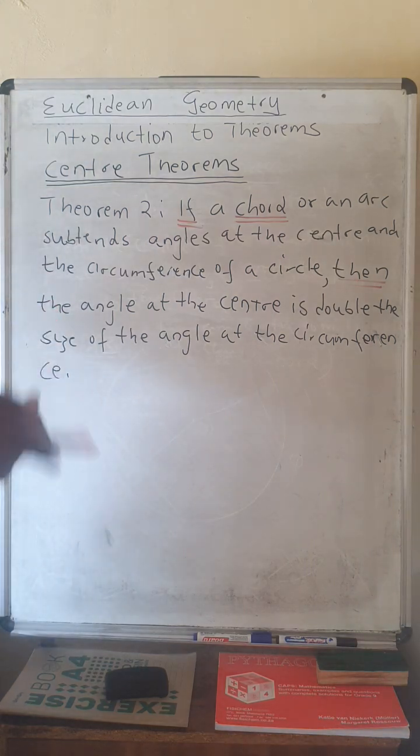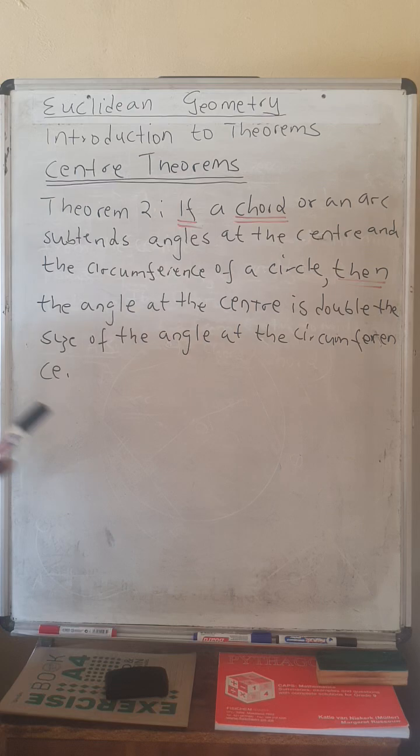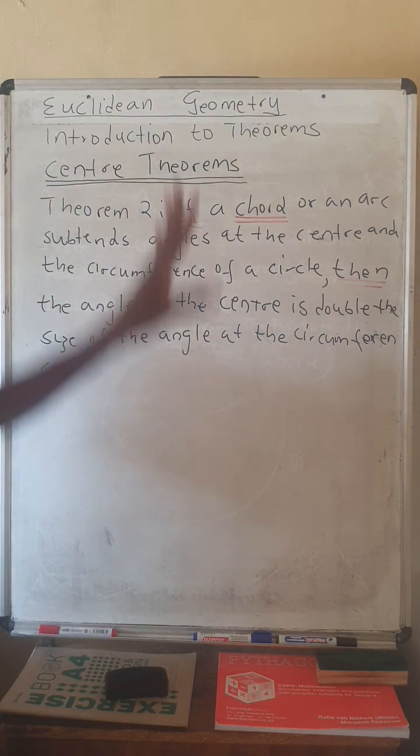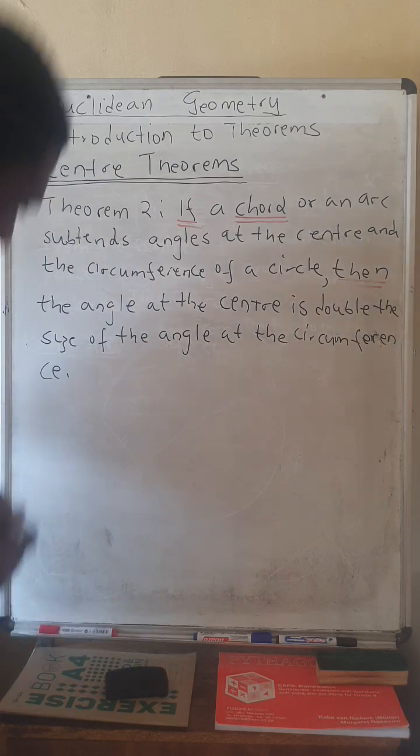In order for this theorem to apply for a chord, there must be angles that are being subtended by the same chord. We don't need many chords, we need one chord subtending two angles, one being at the center and another one being at the circumference. But remember, those angles must have been subtended by the same chord. Let us look at this. So I'm going to give you a diagram here.